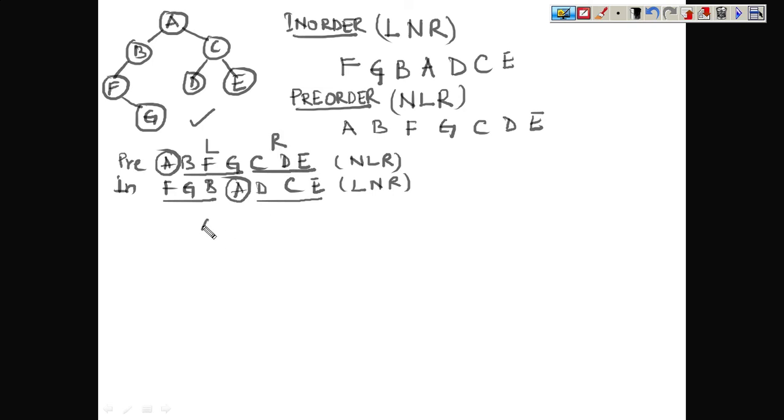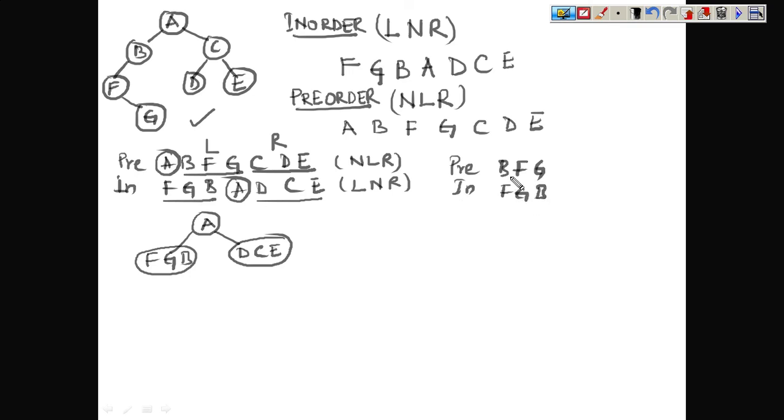So you can construct your tree A, and then on the left side we have F, G, B. On the right side you have D, C, E. Now again, like we did in the previous example, in the left subtree we have B, F, G in pre-order, and in the in order we have F, G, B. So here you can easily see that this is the root node for this left subtree.